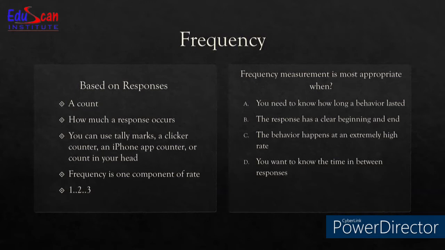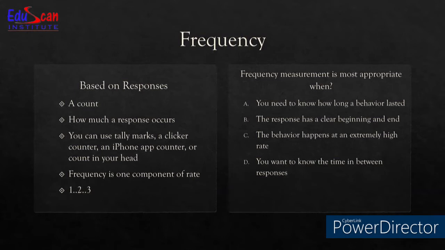B. The response has a clear beginning and an end, which is very important because when you're measuring the frequency, you need to count the number of times. When we are focusing on the number of times, it should have a clear beginning and a very clear end. C. The behavior happens at an extremely high rate.